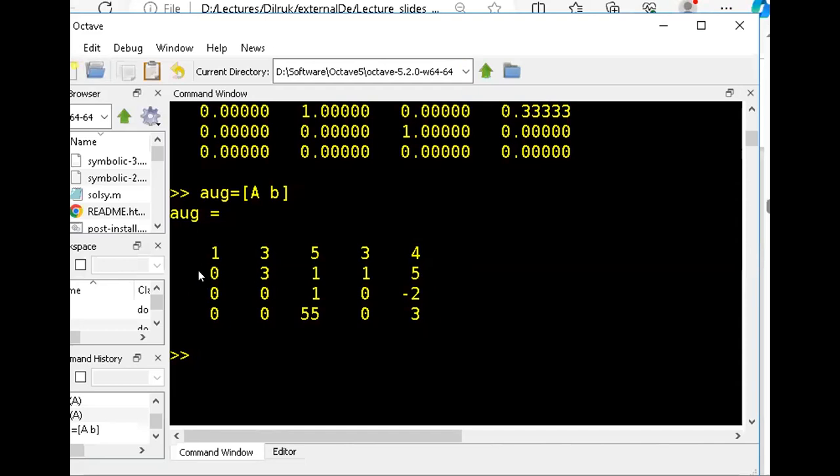And there's another operation. Do you remember? You scale one of the rows and add the resultant one to another row.